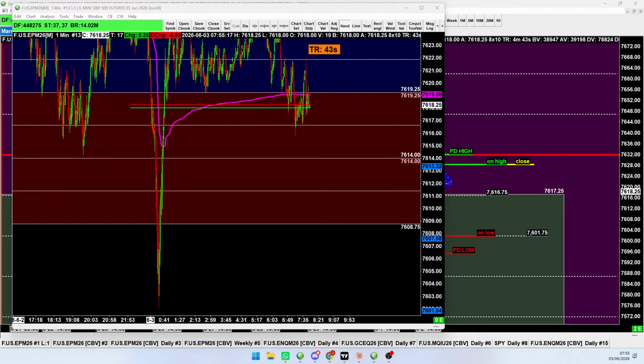This is what we call, have you guys ever heard the term market structure? Anyone? You've heard that term, it gets tossed around a lot. This is all market structure is.